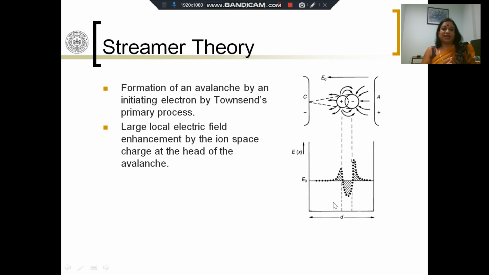So what we see is, because of the formation of an avalanche by an initiating electron by Townsend's primary processes, there is a large local electric field enhancement by the ion space charge at the head of the avalanche. And this may lead to the situation where something other than Townsend's mechanism begins to develop within the gas.